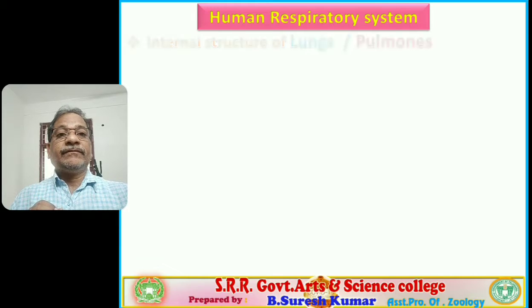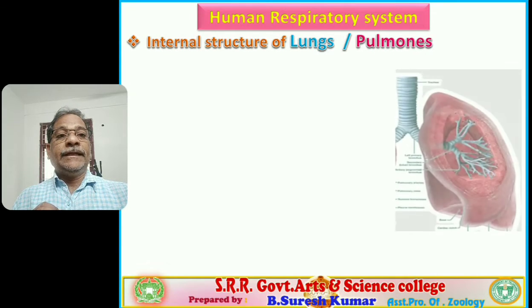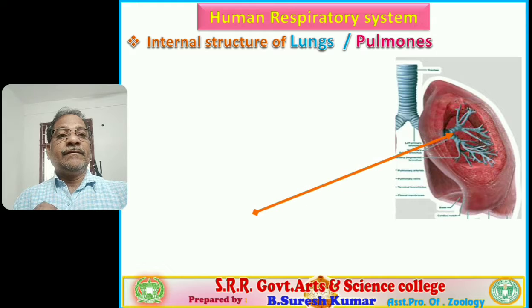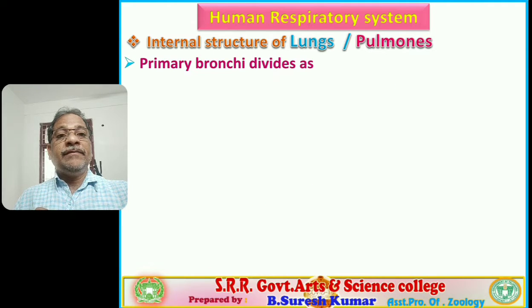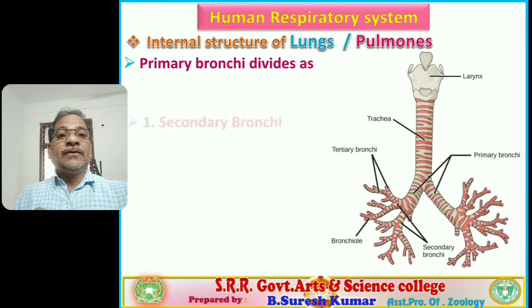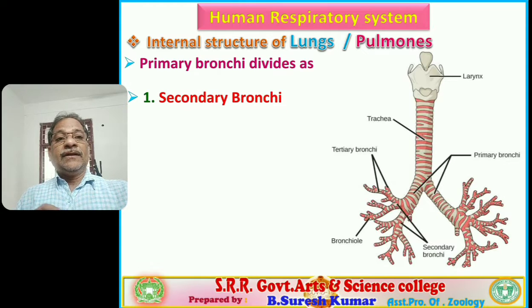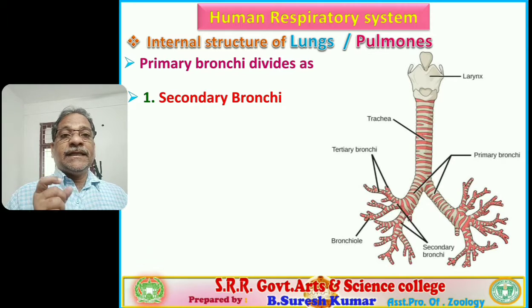Let's see. Internal structure of the lung. The primary bronchi divide into many branches. These are sequential. The first branch: the primary bronchi divide as secondary bronchi.